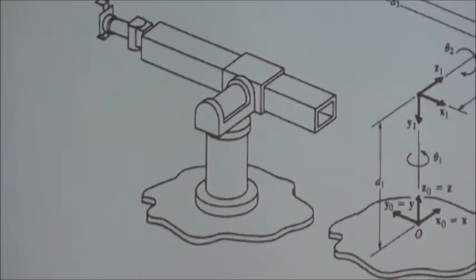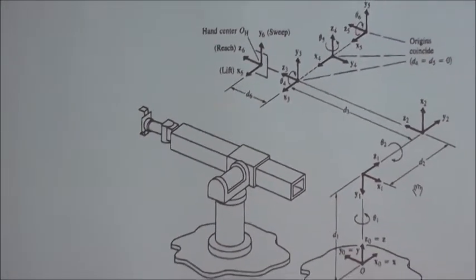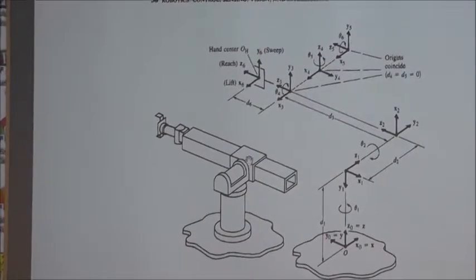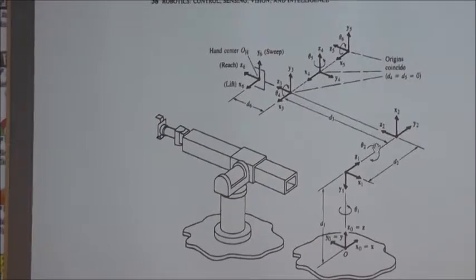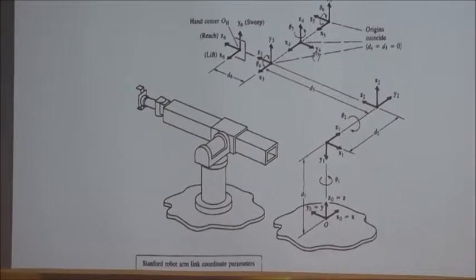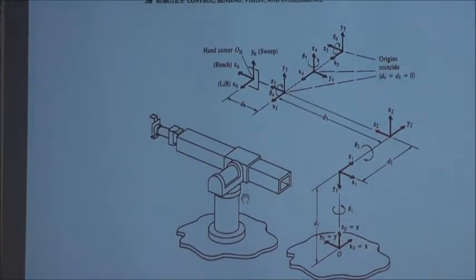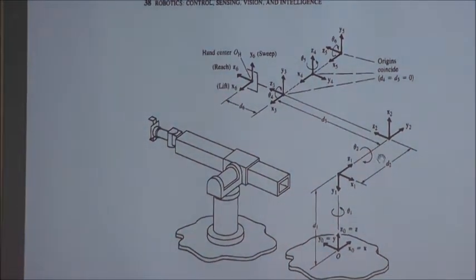This is the configuration of the Stanford arm. The Stanford arm has a revolute joint here, another revolute here, and then a motion like this. So a Stanford arm has a base like this and an arm which has an extension, and then you can move around in 3D. So you have 3 motions here.